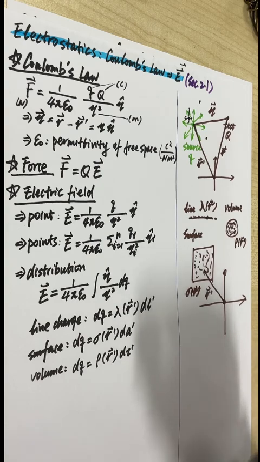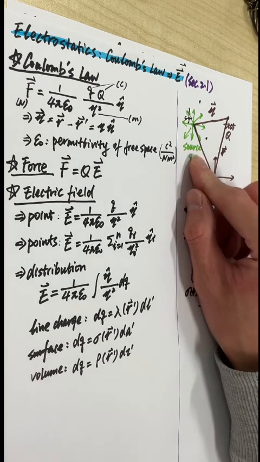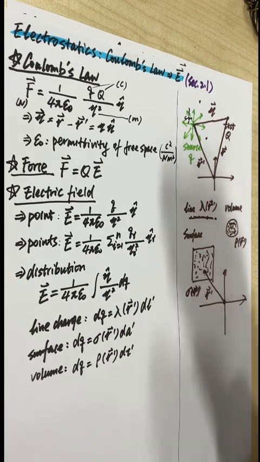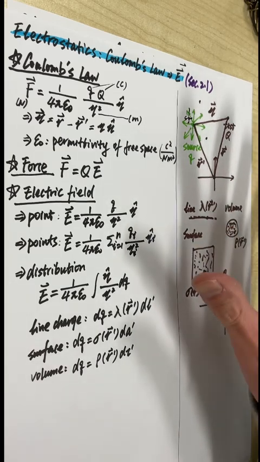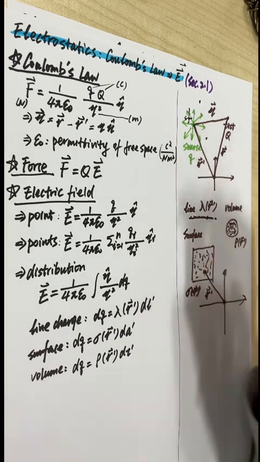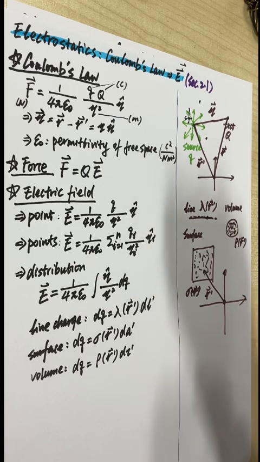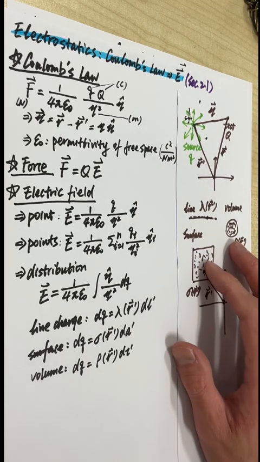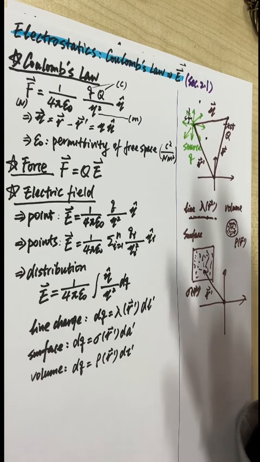However, we still need to consider electric field as a physical entity that flows, just like water, just like a wave on water. That's exactly how we consider electromagnetic wave propagation. So it is a wave, a physical entity that flows.